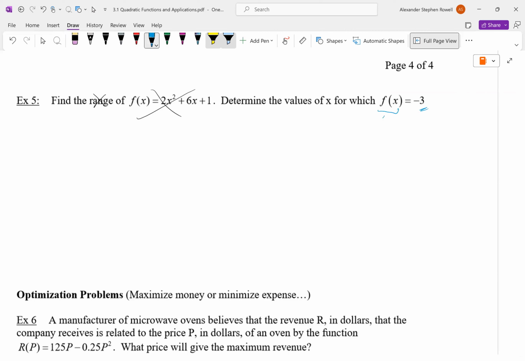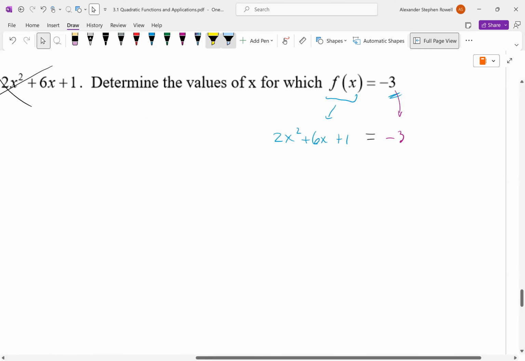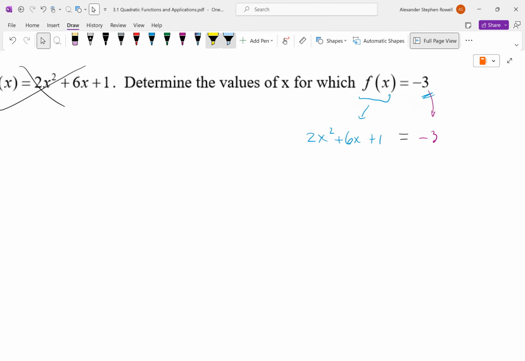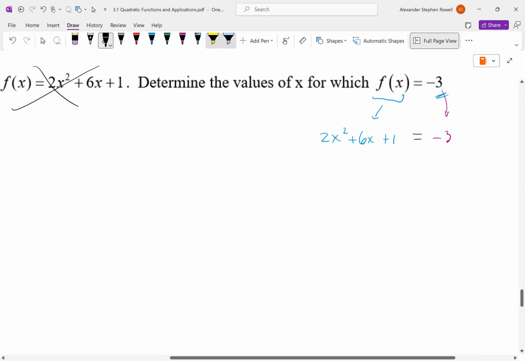So f of x is equal to 2x squared plus 6x plus 1 is equal to -3. So it's a likely test question that I say, when is f of x equal to -3? Or what are the zeros of your function? What am I asking if I'm asking to find the zeros of your function? Yeah, when is f of x equal to 0? That would be the zeros. Zeros of f of x.